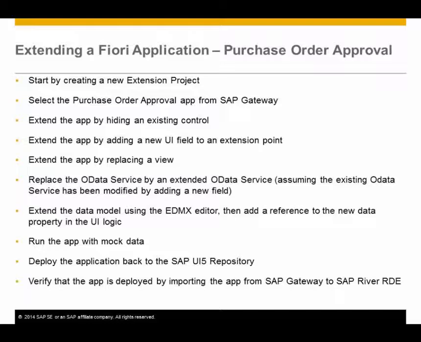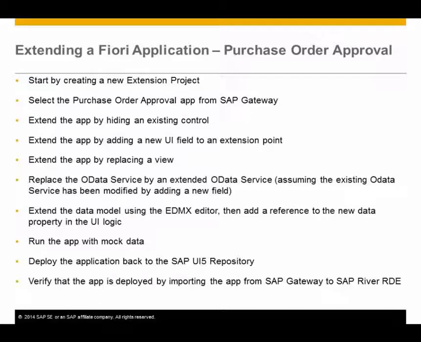So just to review what we have seen, we have extended a standard Fiori application. In fact, we have been taking purchase order approval. For this, we started to create a new extension project. And we have selected the purchase order approval from the SAP gateway. Then we did some extensions. So we have hidden a control.